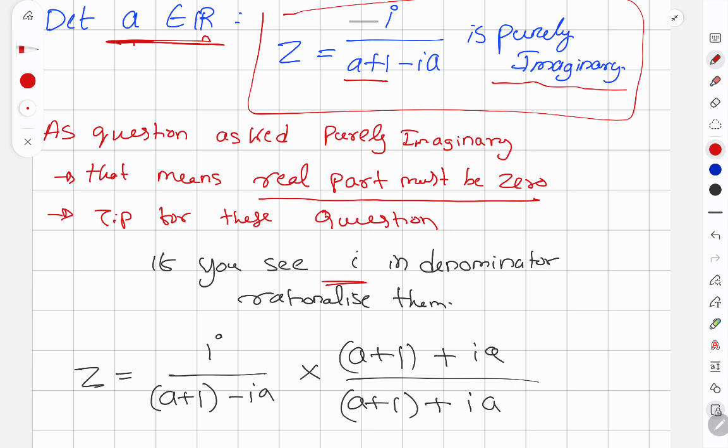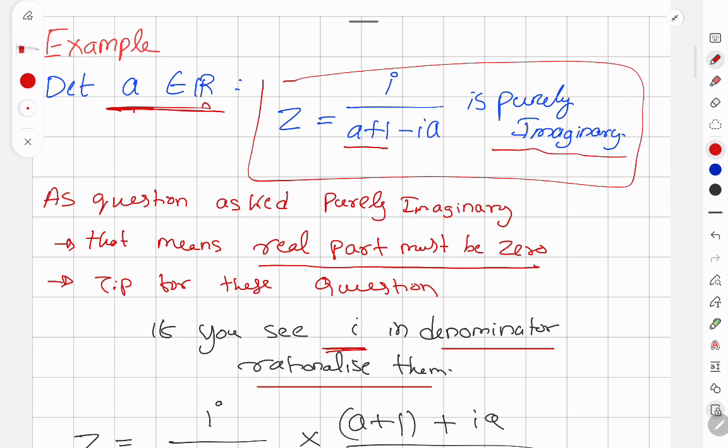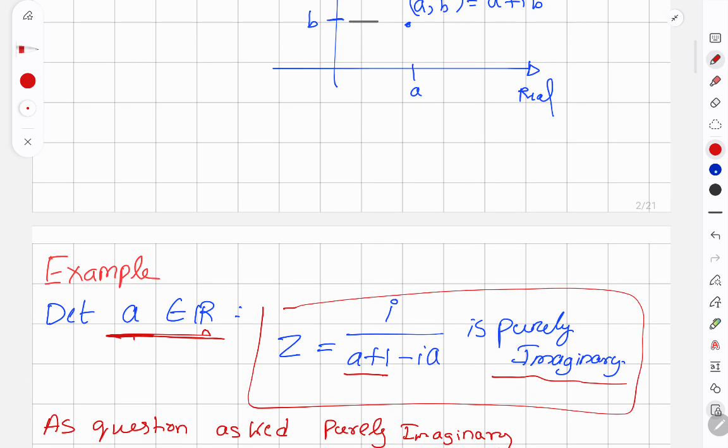So if you see iota in the denominator, rationalize it, as I have said. What will happen if you rationalize it? So you had the original function as a plus 1 negative ia, right?